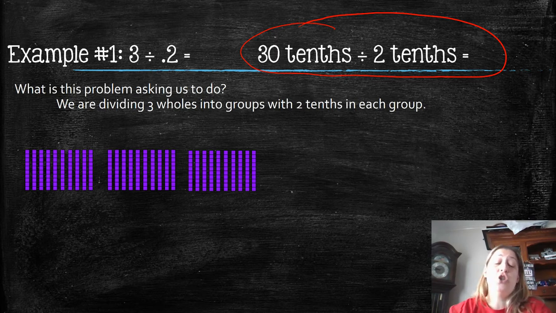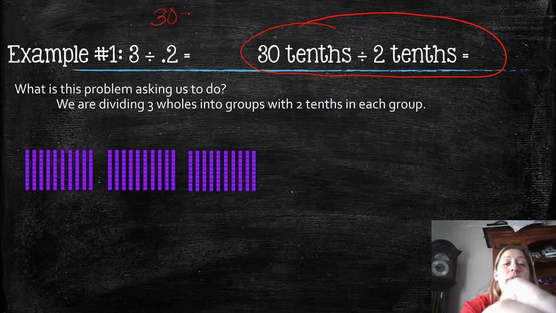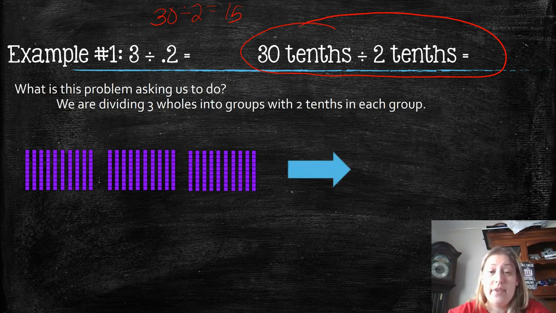So how many groups of 2 tenths can I make from 30 tenths? I know that 30 divided by 2 is 15, right? And that's going to hold true here, that 30 tenths divided by 2 tenths is also 15.